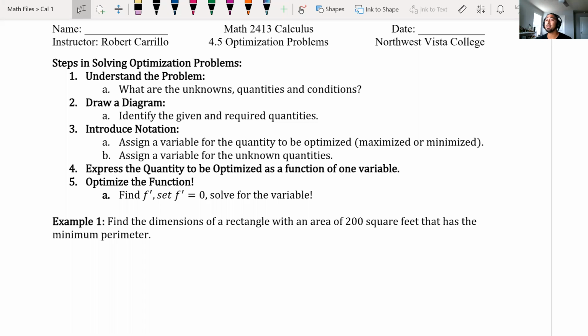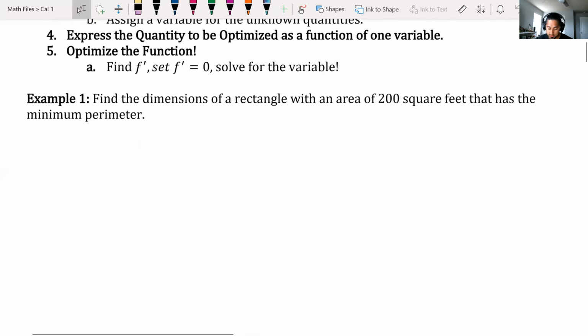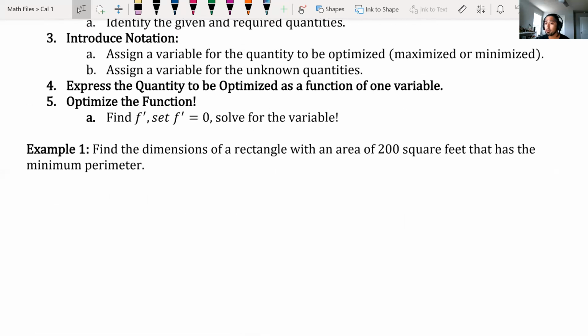So we need the formula to work with, and we're going to optimize it. Once we find the formula to work with, we're going to take the derivative, set it equal to 0, and solve for x. Again, everything we know how to do. Now they're just word problems. So optimization are just maximum and minimum word problems. Okay, and there will be substitutions in here. I'll show you what I mean by, let's work the first example.